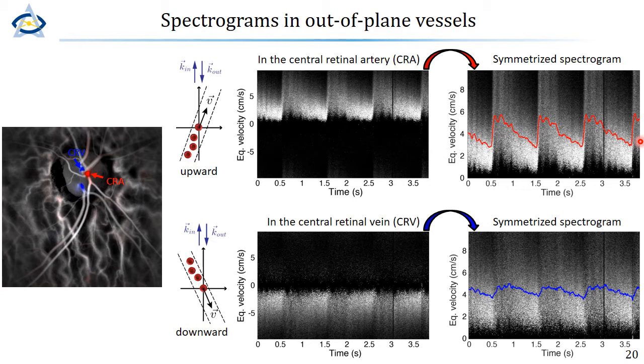And we find something that is close to 5 centimeters per second in both vessels here, although there are larger variations in the retinal artery. Okay, but now there is no compensation of the Doppler angle because we don't know the inclination of the vessel.